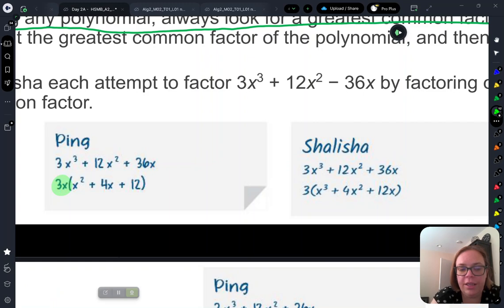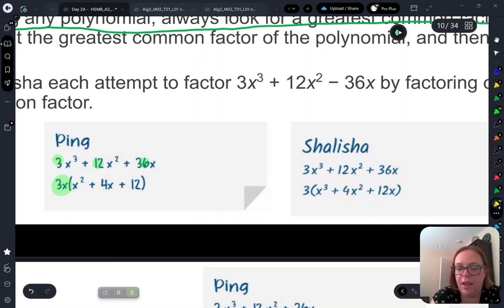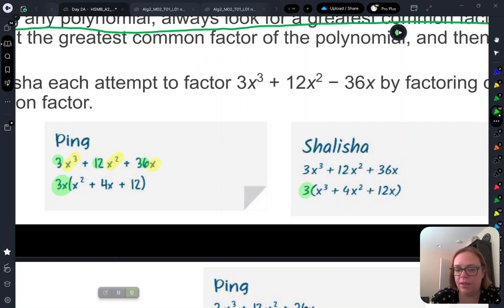He saw that 3 goes into all three of the coefficients, 3, 12, and 36. And he also saw that they all have at least one x in them. X cubed is just x times x times x. X squared is x times x. And x is just 1x. So he took out 1x. Shalisha took out the 3, but she did not take out the x, so she left the x's the same.